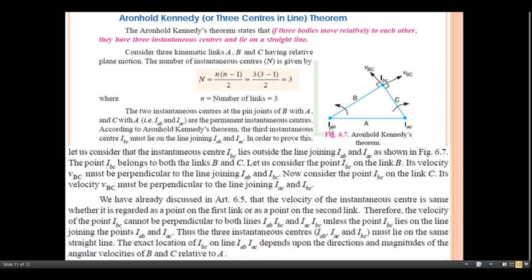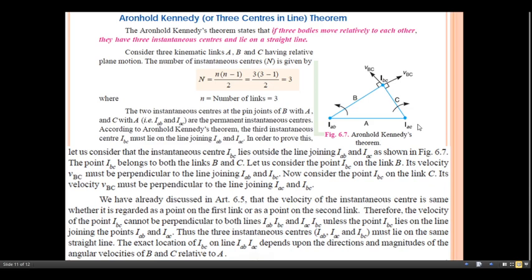That is, it cannot be perpendicular to both IAB-IBC and IAC-IBC unless the point IBC lies on the line joining the points IAB and IAC.